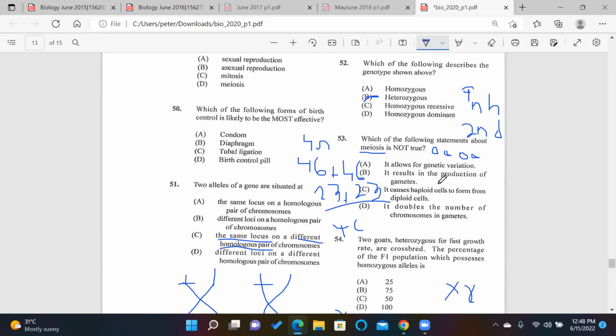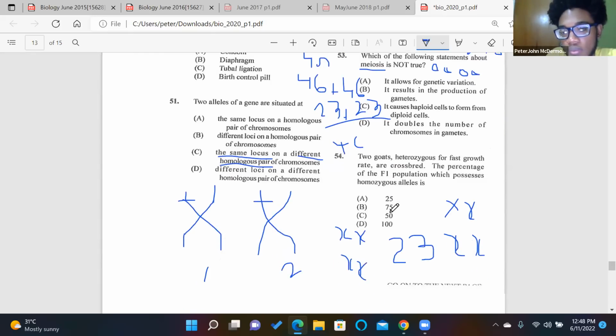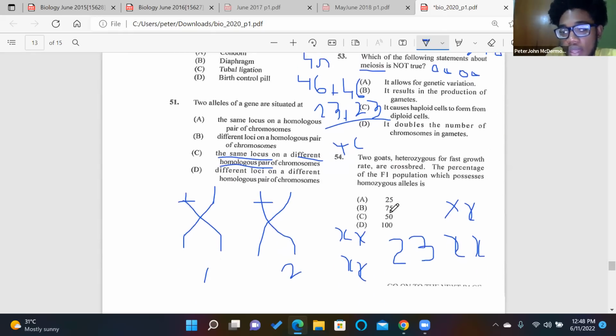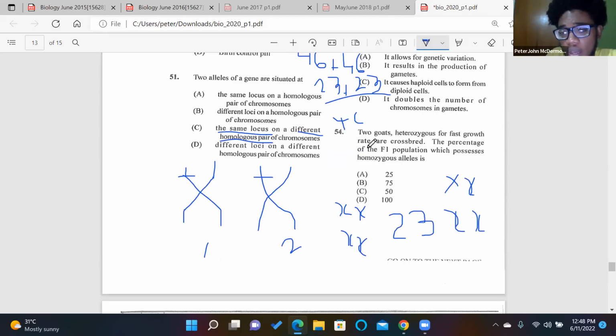Which stage in meiosis? Prophase 1 or 2? I think it's prophase 2, but you guys can look it up. Actually, look it up and type it in the chat, please, because that's important.